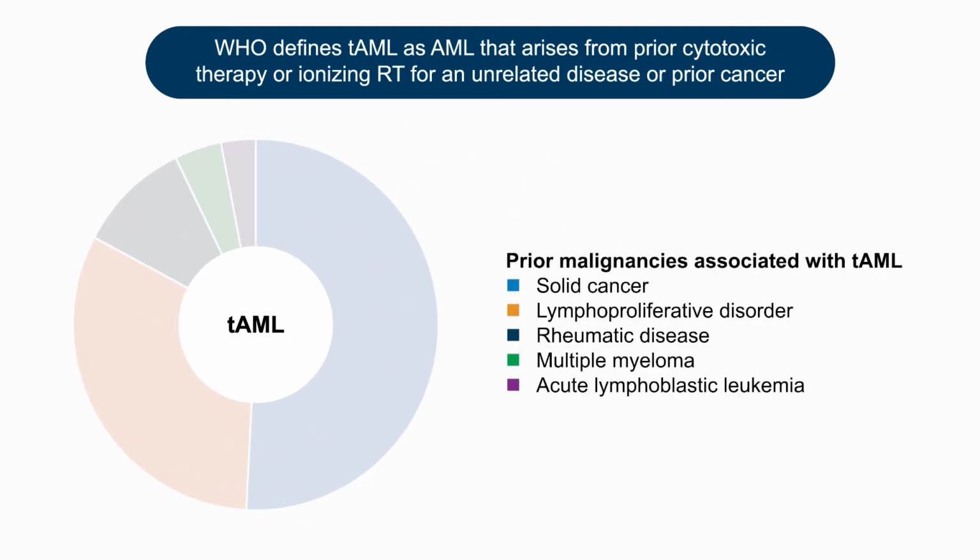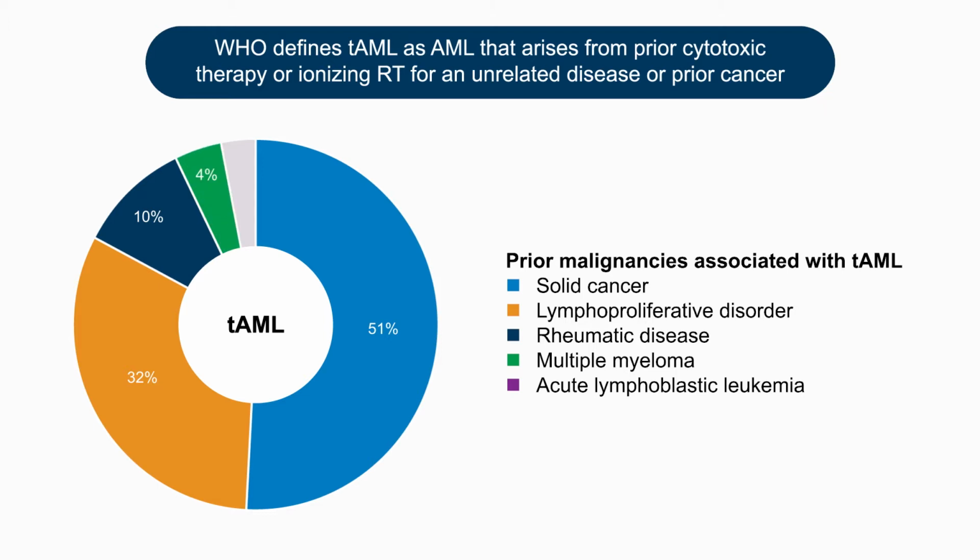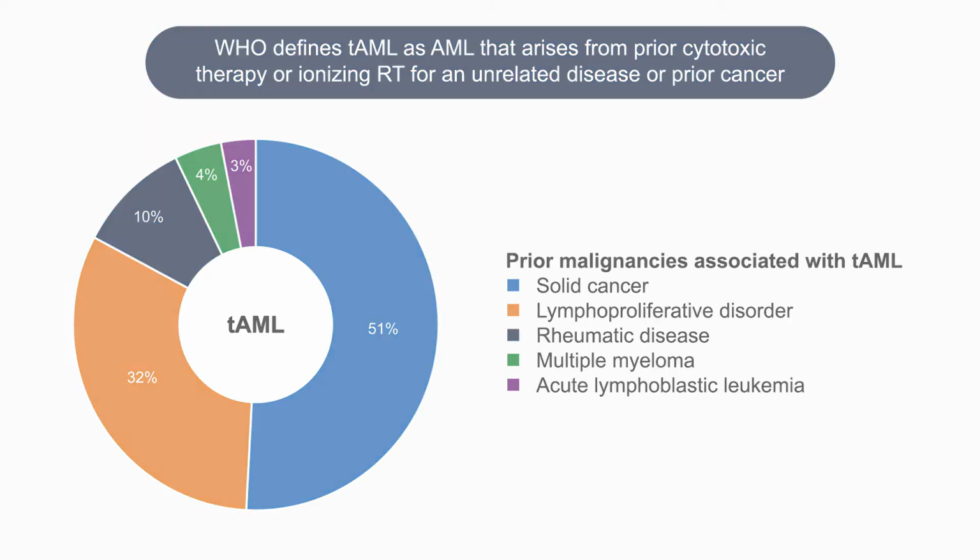The prior malignancies that are associated with therapy-related AML are various tumors. They range from solid cancers to lymphoproliferative disorders. Some patients get treated for rheumatoid arthritis or other autoimmune conditions. Patients are also treated for plasma cell myeloma or multiple myeloma or acute lymphoblastic leukemia.